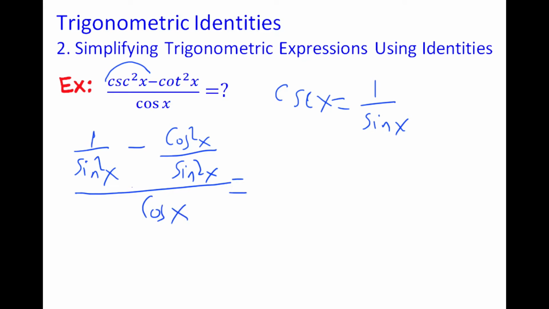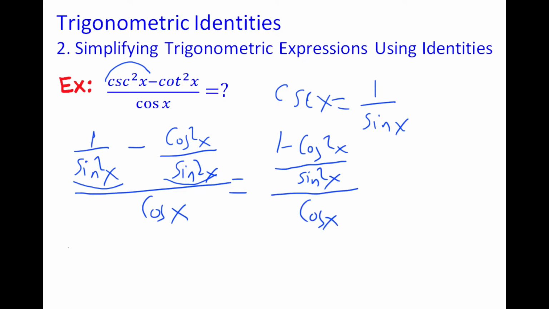So this is equal to, and in the numerator, as we see, we have a fraction and the denominators are the same. So this is going to be equal to 1 minus cosine square x divided by sine square x, divided by cosine x. We all know that sine square x plus cosine square x is 1. So if you want to find out the value of sine square x, just send this to the right side.